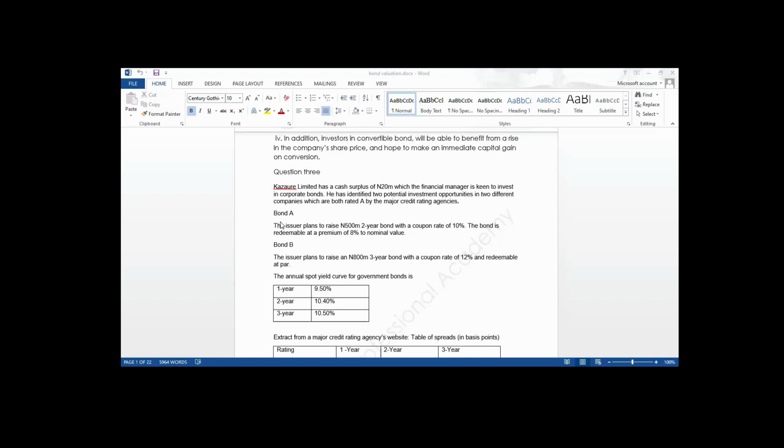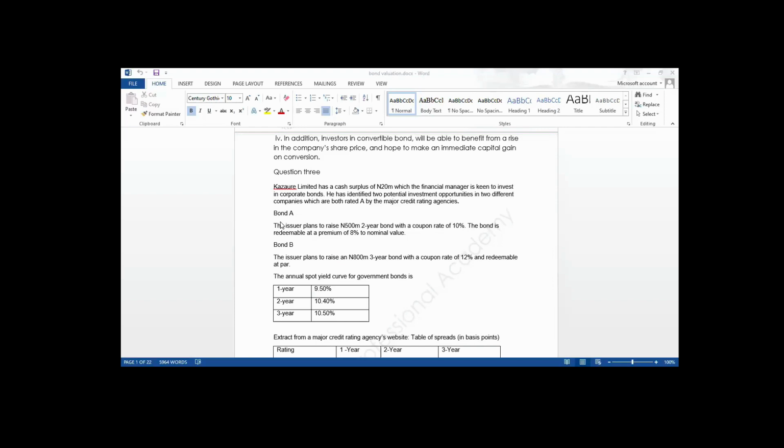He has identified 2 potential investment opportunities in 2 different companies, both rated A by the major credit rating agencies.